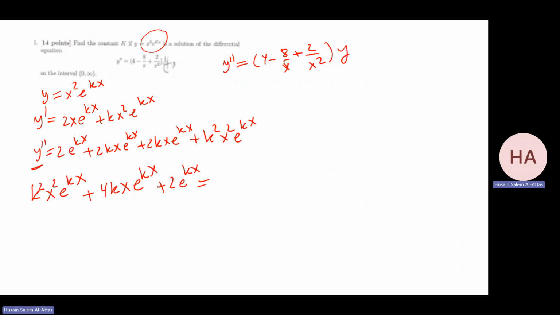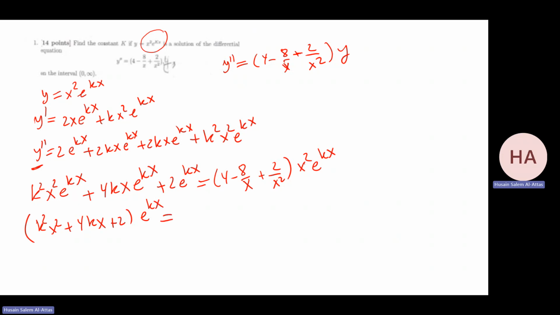That should equal 4 minus 8 over x plus 2 over x squared times this one, x squared e to the kx. Okay, so if we take e to the kx as common factor, I have k squared x squared plus 4kx plus 2, all of this times e to the power kx.